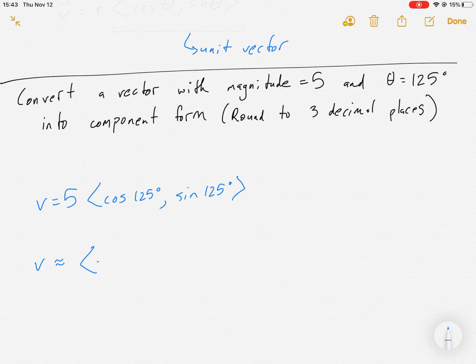So that's my answer. I get negative 2.868 and 4.096.